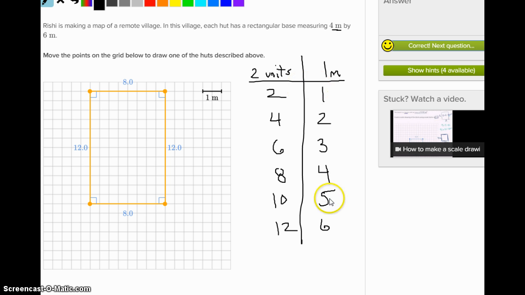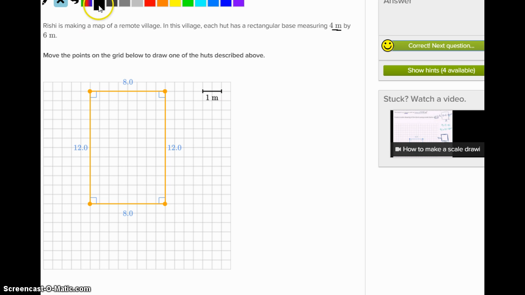Now I made up this table to show the relationship, but I don't have to make a table like this. I'm going to erase my table here. I can just solve with a proportion. I know that 1 meter is 2 units. So if I want the 4 meters, how many units do I have? 4 times 2 divided by 1, that's 8 units.